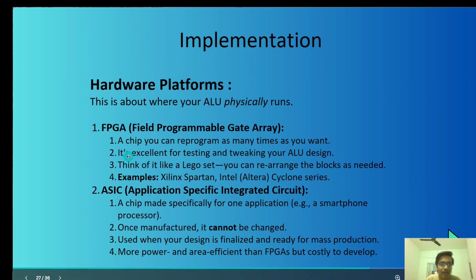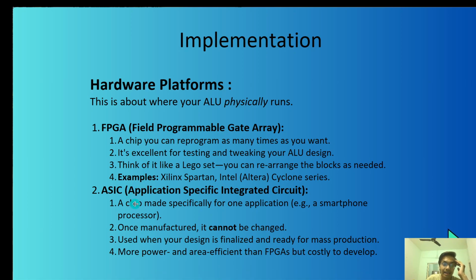Hardware platforms are FPGA, Field Programmable Gate Array, and ASIC, which is Application Specific Integrated Circuit. FPGAs are mostly from Xilinx, such as Spartan, and Intel, such as the Cyclone series.